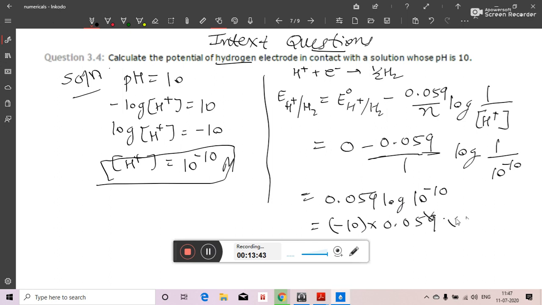So that will be equal to minus, now 0.059 into 10 is 0.59 and unit is volt. So potential of hydrogen electrode is minus 0.59 volt.